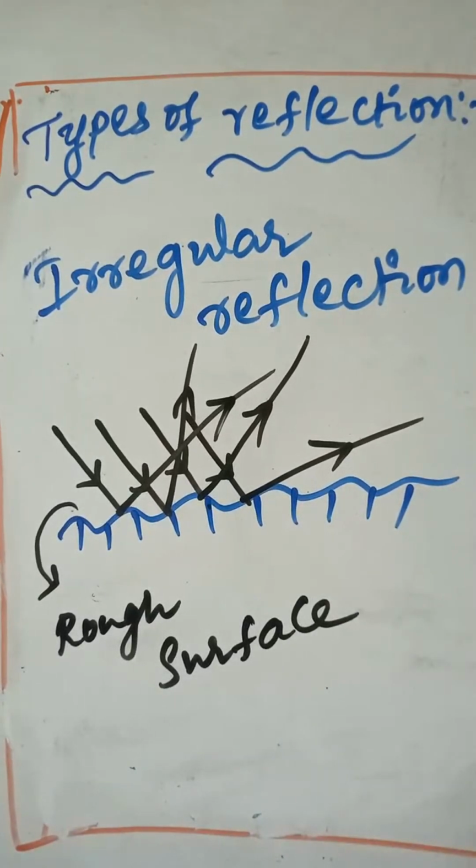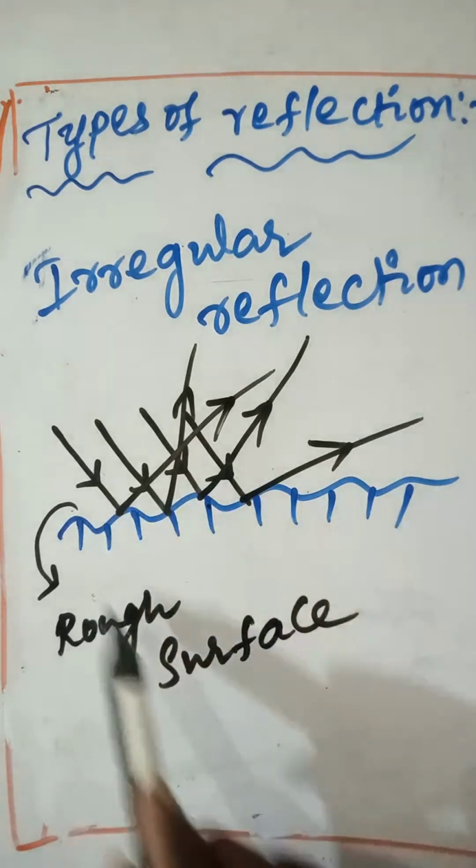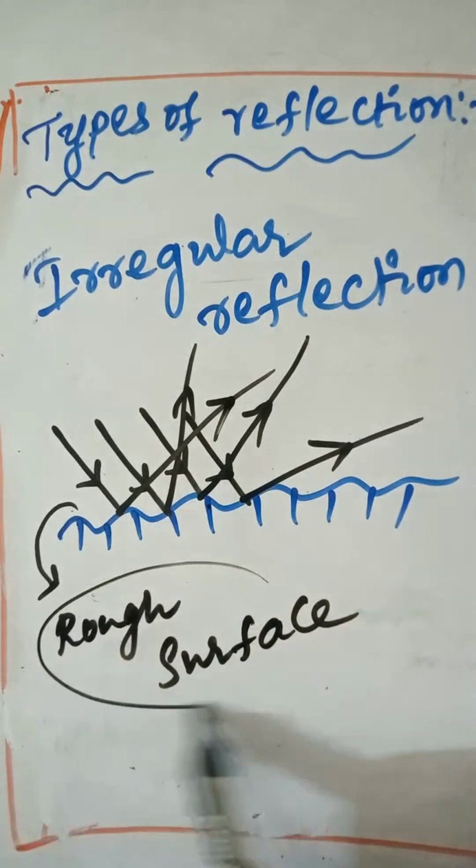Here you can see irregular reflection. Irregular reflection takes place on a rough surface.